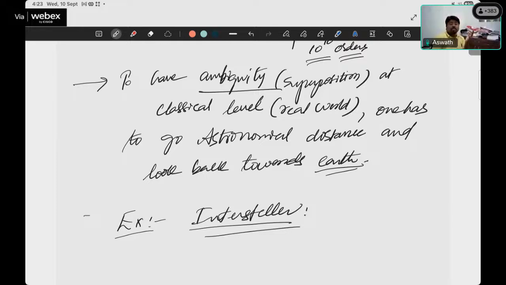He could see many possible things in superposition. So the answer to your question, Srinivas ji, is that to see quantum nature or quantum states at our classical level, you have to go to an astronomical distance and see the same thing, then you can see that. Please watch this movie, you would understand what is possible in our mythology.